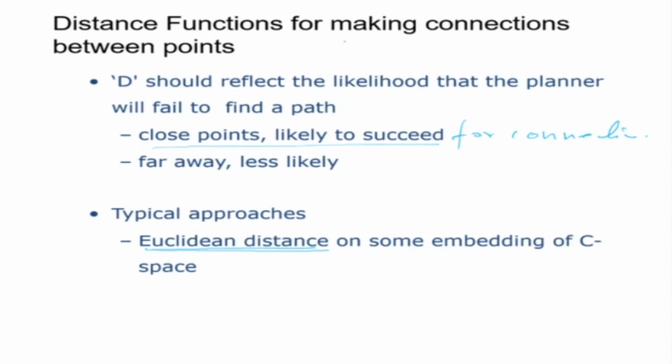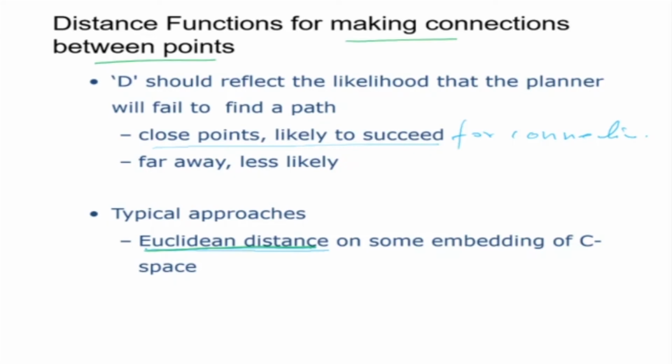So we use a distance function for making connections between points. Now D should reflect the likelihood that the planner will fail to find a path. So choose points which are likely to succeed for connection. For example, typically we can look at Euclidean distance on some embedding of C. Let's come back here.